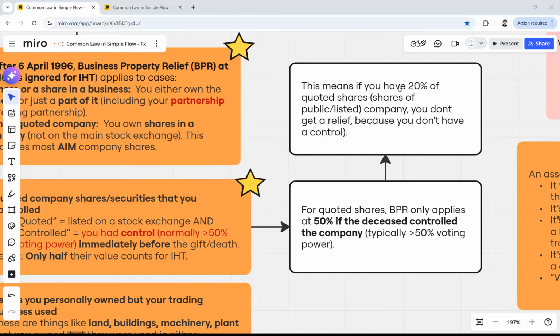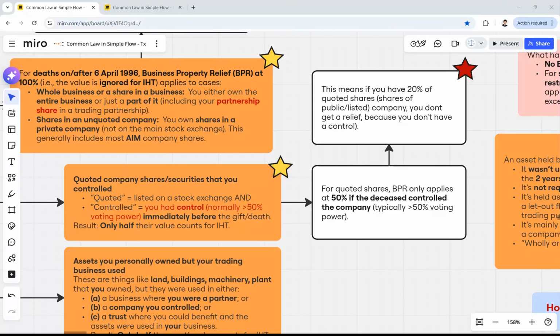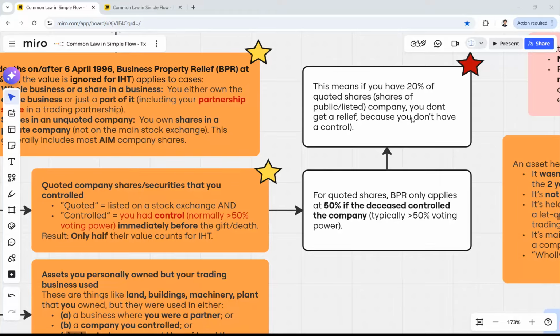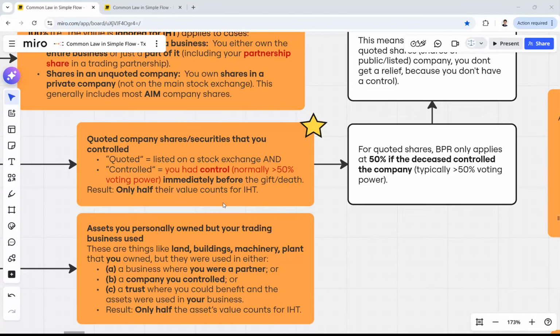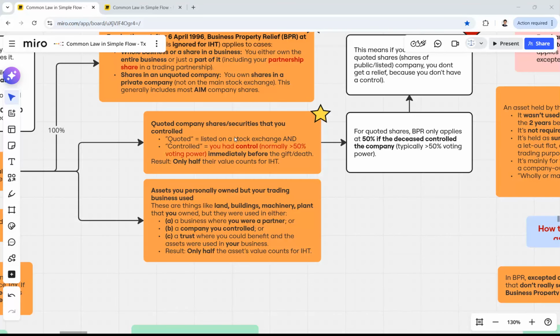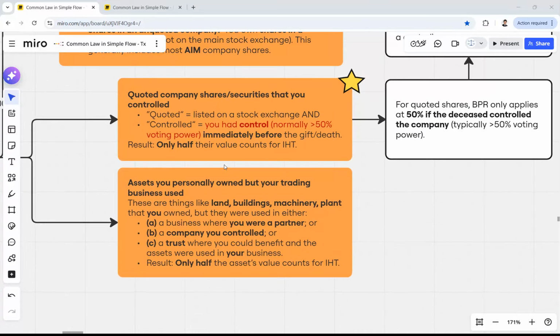This means if you have 20% of the quoted shares of a public listed company, you don't get a relief because you don't have control. So what is important is the amount of control that you have over a public company, and it should be more than 50%. So public companies usually go with 50% relief, especially if you have more than 50% of voting rights. But if you don't have more than 50% voting rights, you don't have any relief.